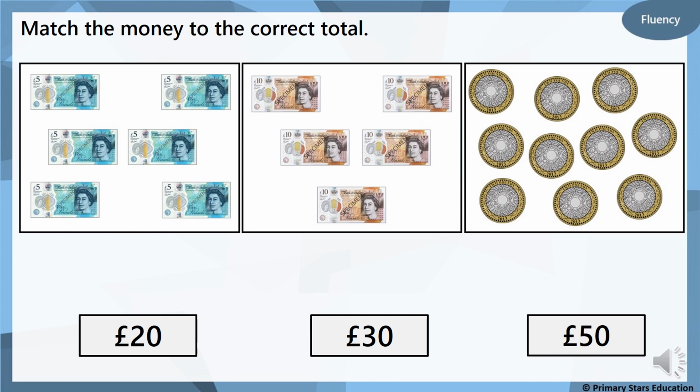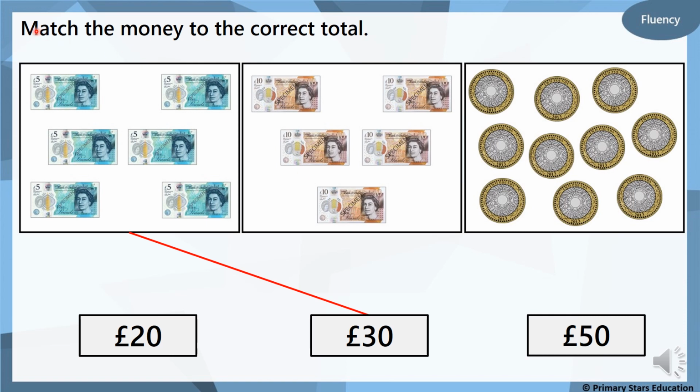Now we're going to match the money to the correct total. So let's count the total in each box. 5, 10, 15, 20, 25, 30. We have £30, so we draw the line to match to the correct amount. Let's have a look at the next box. We're counting in tens. 10, 20, 30, 40, 50.